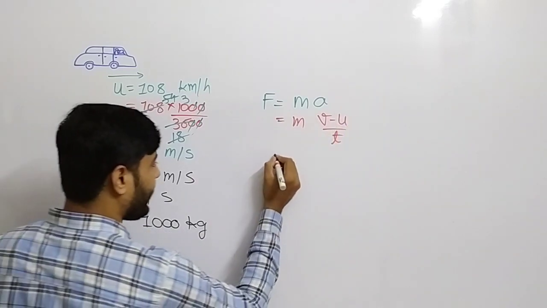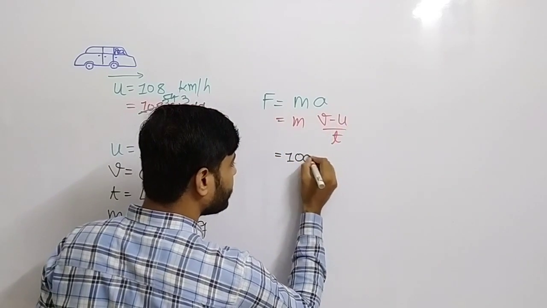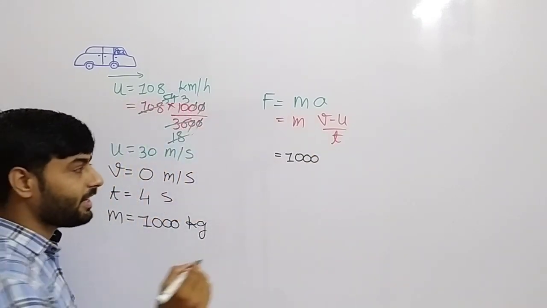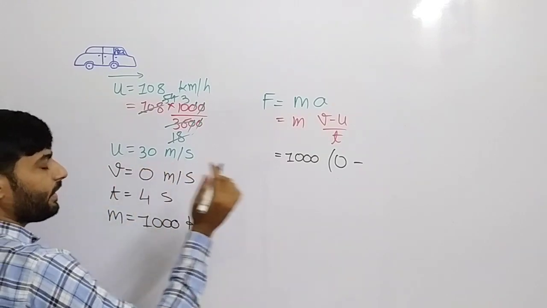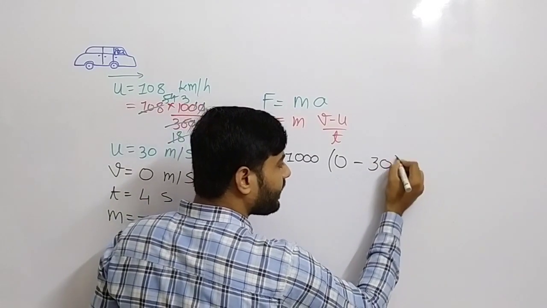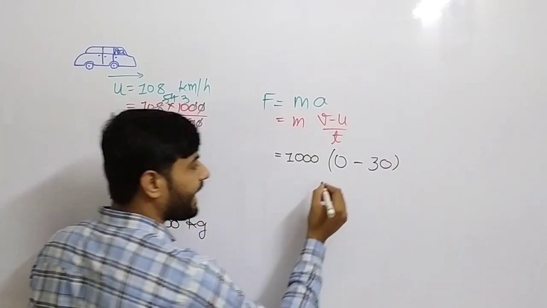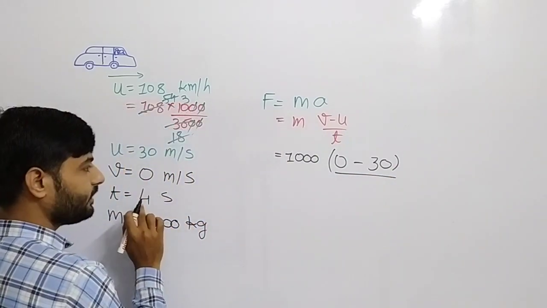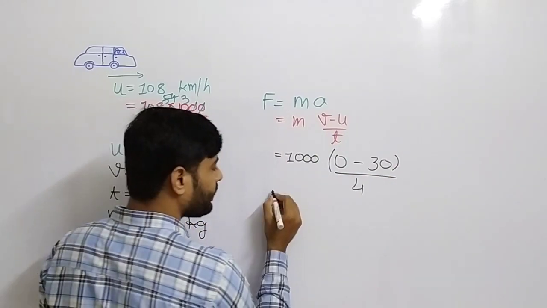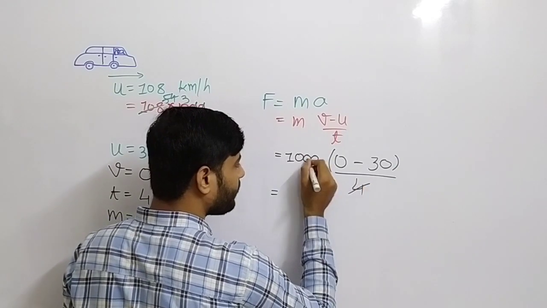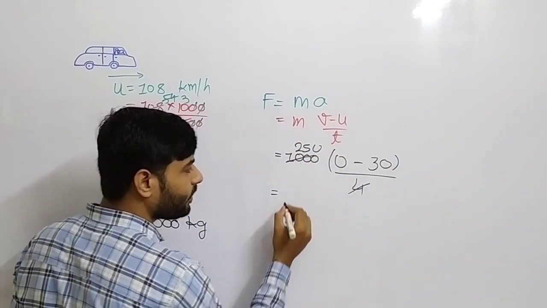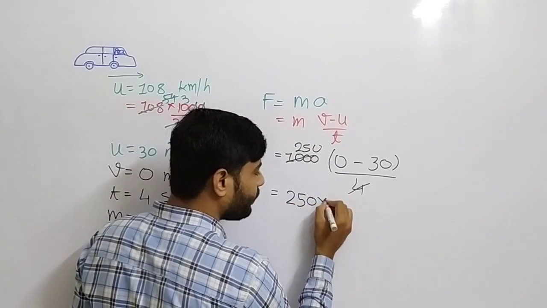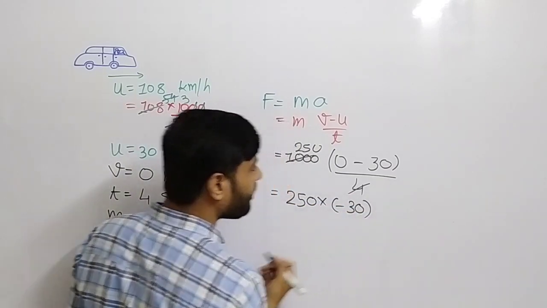So put the value of m as 1000 kg, v is 0 meter per second, u is 30 meter per second, and time taken is 4 seconds. So we have 4 into 250, so we have 250 into minus 30.